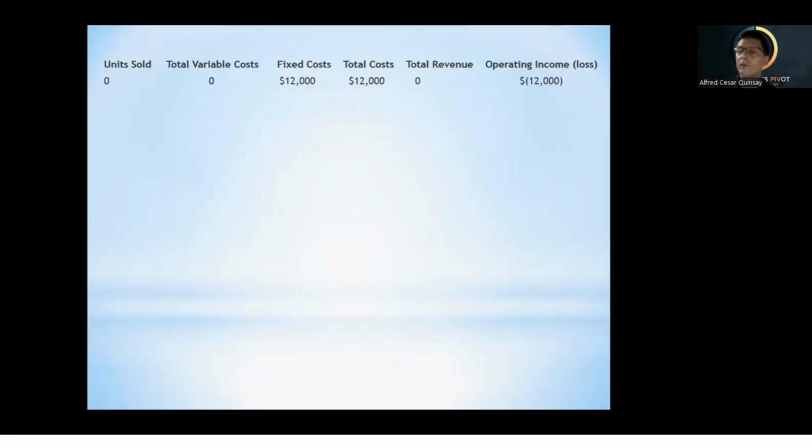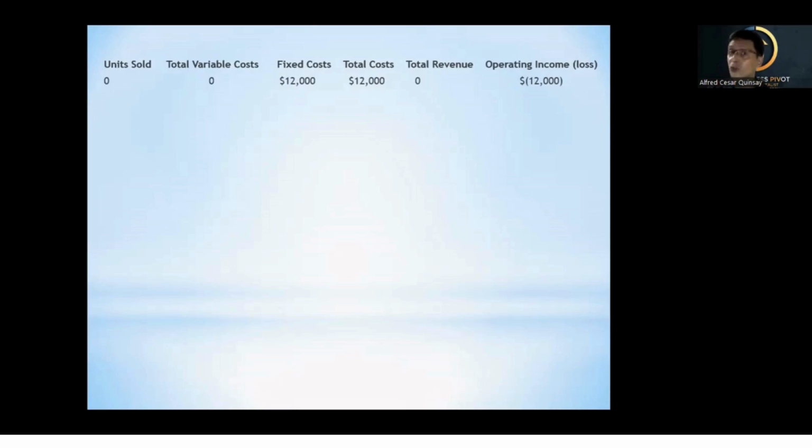So, break even graph of the fixed cost that was reduced to 12,000. At 0 units sold, there won't be any variable cost, but there would be a $12,000 fixed cost. And of course, there would be no revenue because there's no operations.